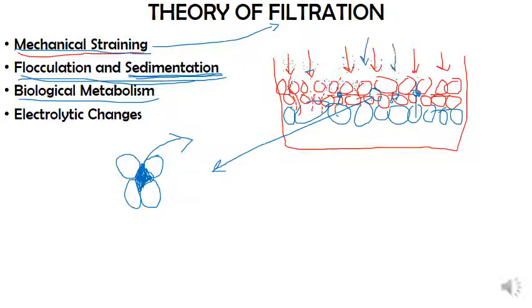As the dirty water, raw water or untreated water passes from the upside, along with the suspended particles, if this raw water contains any microorganisms, even those microorganisms will get attached to these sand particles.